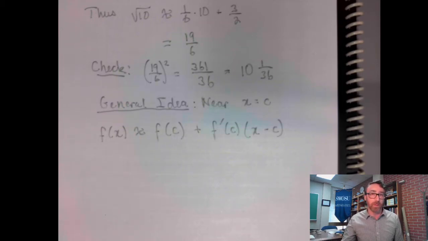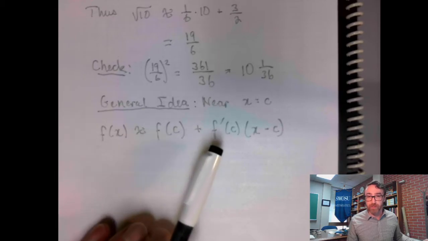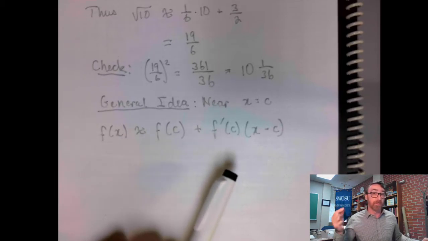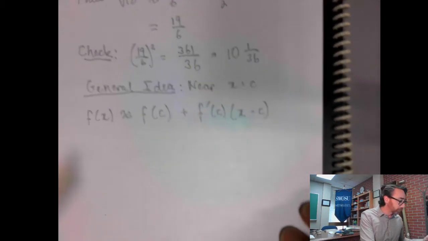And if we think back to our calculus, there's a quantity that measures the concavity of a function. That's, of course, the second derivative. So we use the value of the function, the value of the derivative, and to get an even better approximation, we will use the second derivative.